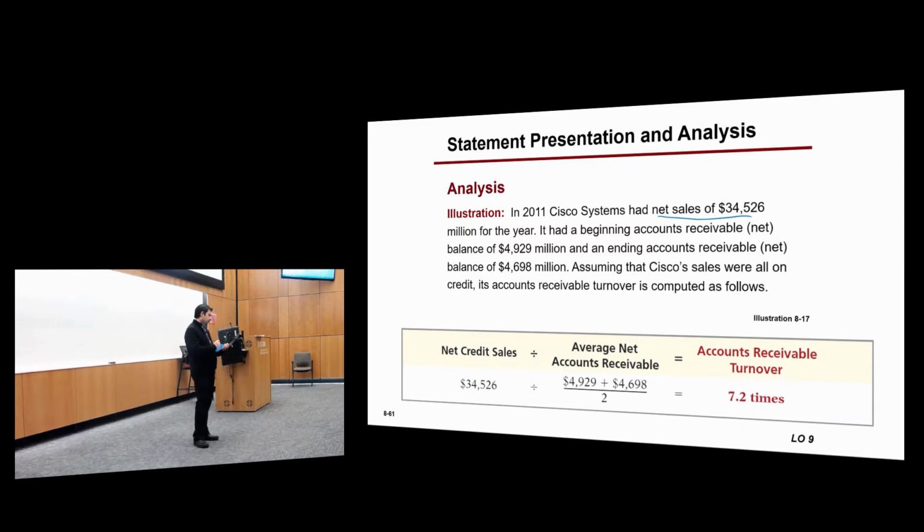And we have beginning accounts receivable and ending accounts receivable, net. We take the average of net accounts receivable by adding the beginning value plus the ending value and dividing by 2. Then you divide the net credit sales, because we're talking about receivables; cash sales are cash sales.